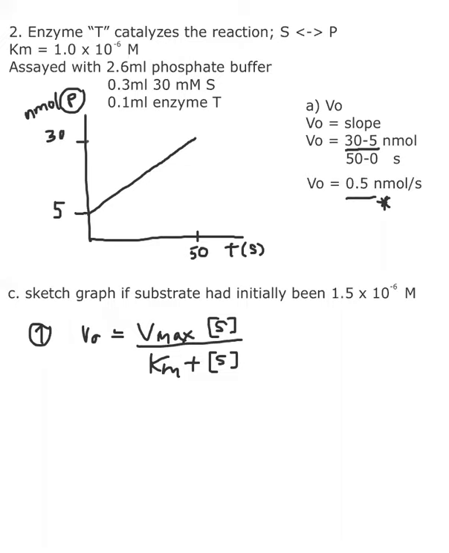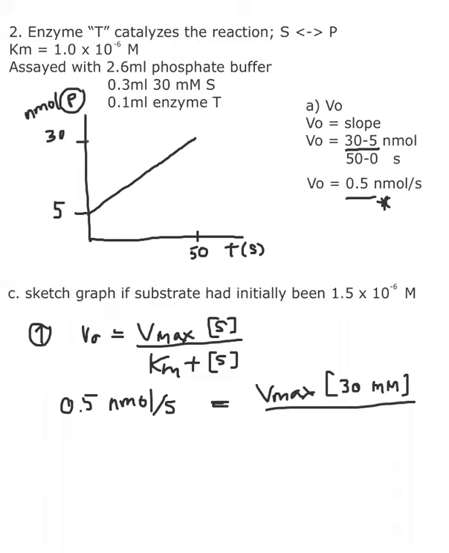Our V naught here, from question A, equals 0.5 nanomole per second. Then we want to solve for Vmax, and you plug in the concentration of the substrate here, which is equal to 30 millimolar.